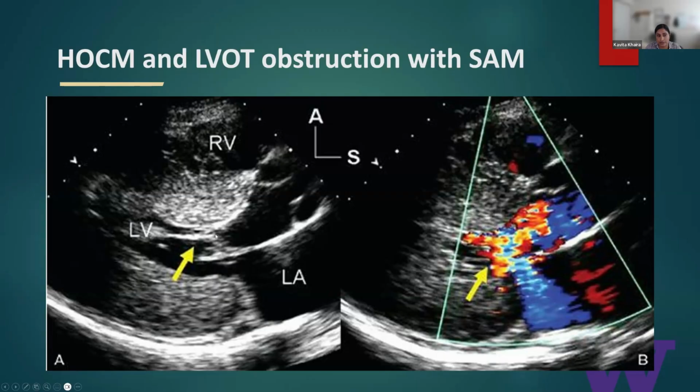Also, patients with hypertrophic cardiomyopathy tend to have abnormal mitral valves. They're often born with apically displaced papillary muscles that affect their mitral valve, so they inherently have an abnormal mitral valve that makes them vulnerable to what we call Venturi forces, the flow acceleration that sucks that anterior leaflet.